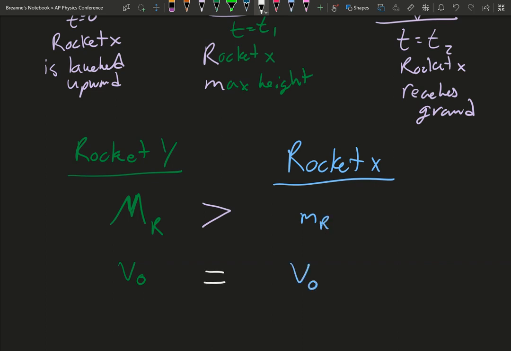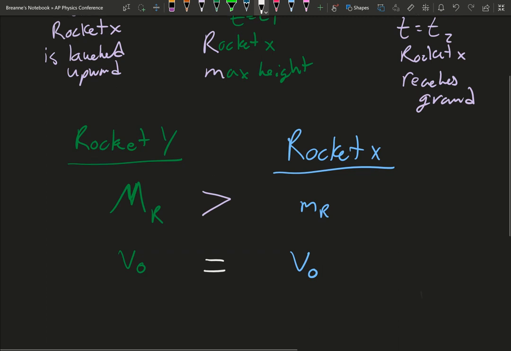They're saying that the initial speeds are the same in both situations, at time t equaling 0, until it reaches its max height. Rocket Y will then descend vertically downward until it reaches the ground. So this too is what you should have gotten out of that little mini paragraph.